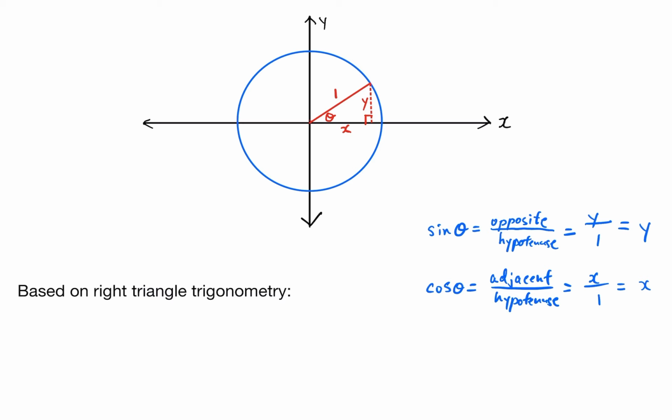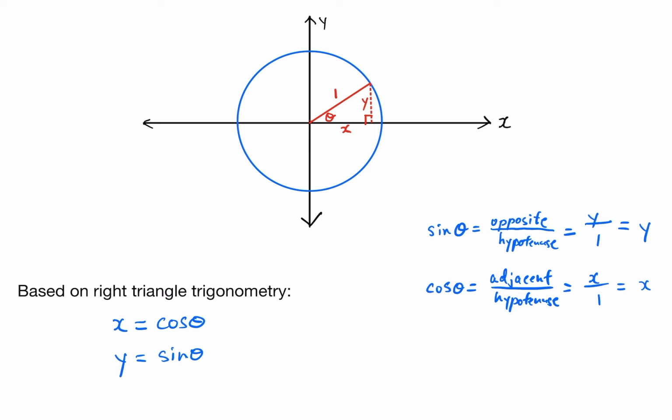So what we are saying here is that x is the same thing as cosine theta, and y is the same thing as sine theta, okay?